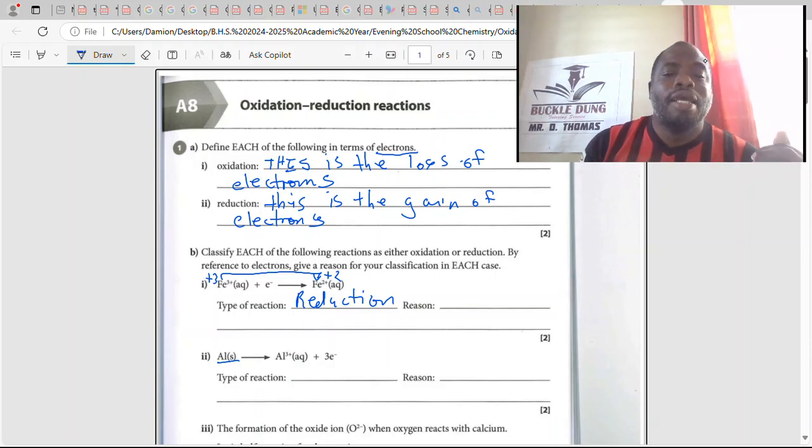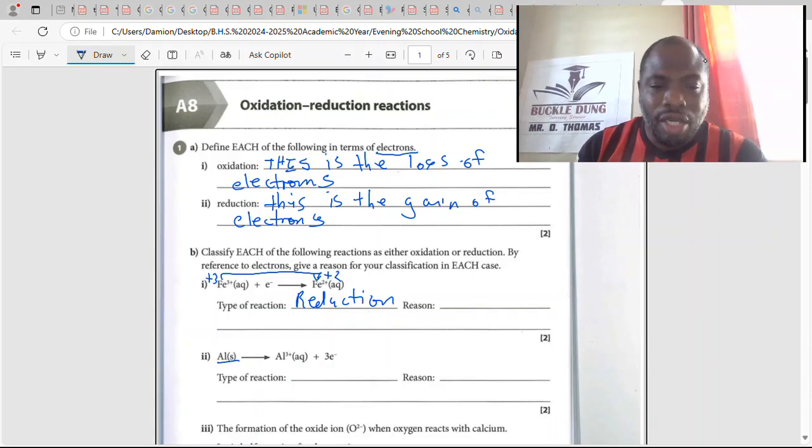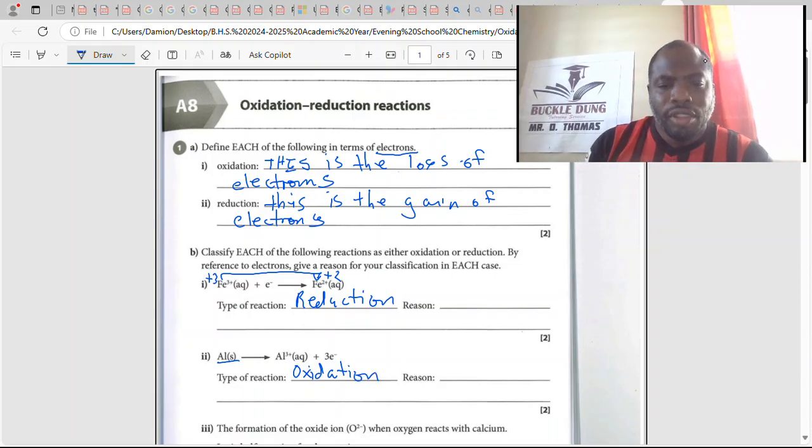And we know that they would have been the ones that lose electrons. So what is the loss of electrons? Oxidation. And we're just applying all of what you know. Once you do that, that is what I'm using to judge that person's understanding of the topic.